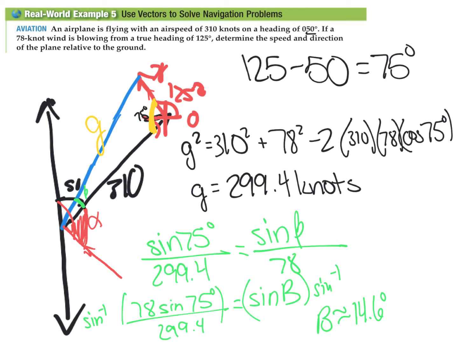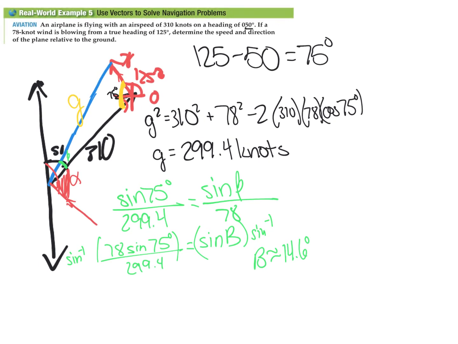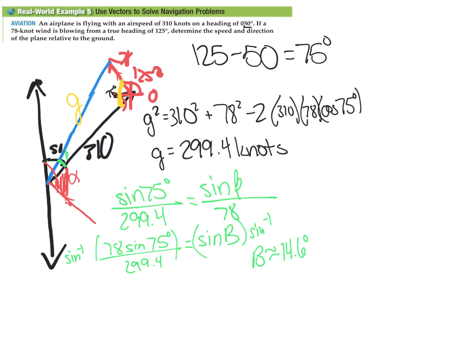So we have one last piece because we need to find the direction from the beginning. So our true bearing, or our heading, I should say, not true, but just the heading. So we started with 50, and then we subtracted this 14.6 to find the total piece where that blue line is.